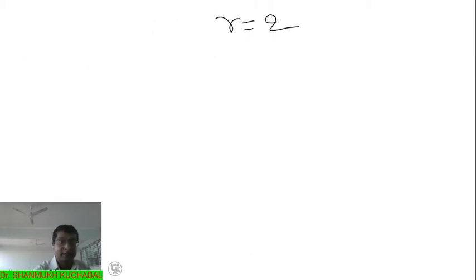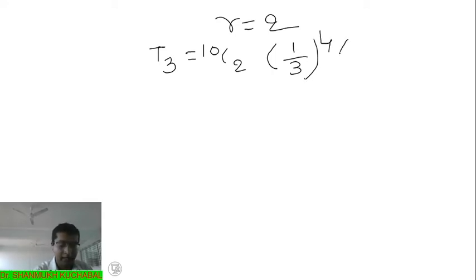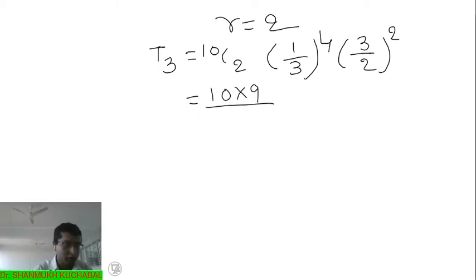We get T3 equal to 10C2, 1 by 3 raised to 4, and 3 by 2 raised to 2. If we simplify this, we get 10C2, which is 10 into 9 divided by 1 into 2.